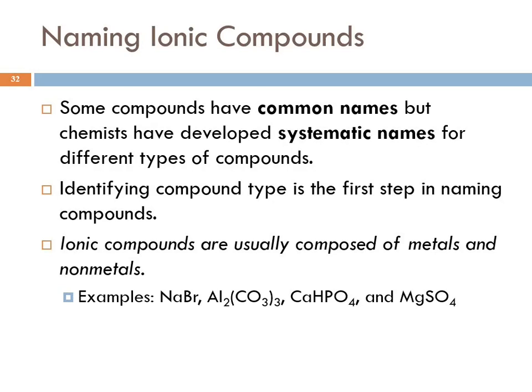If every compound had a common name and that's all we used, which is how things started out, there's no clues in the name as to the formula. In the systematic naming, the name gives you major clues about the formula for the compound. So the first thing we have to do when we're naming a compound is to identify what kind of compound we have, because there are different systems of naming for different classes.